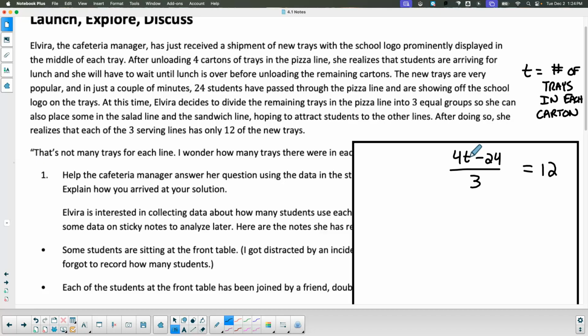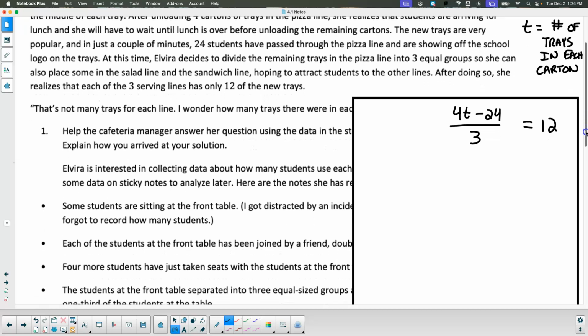All right, let's solve this equation now. Let's figure out how many were in each carton. What would be the first thing that you would do to solve that equation? Multiply both sides by 3 because we want to get rid of that fraction, right? Okay, I like it.